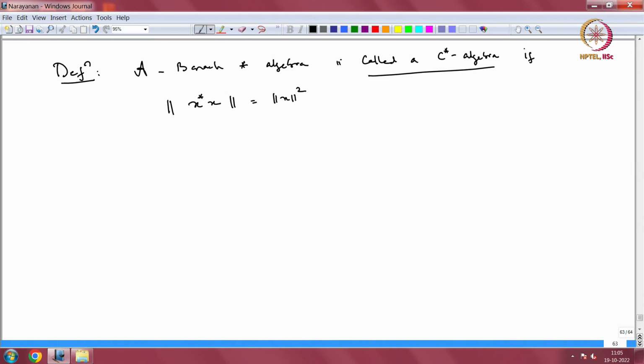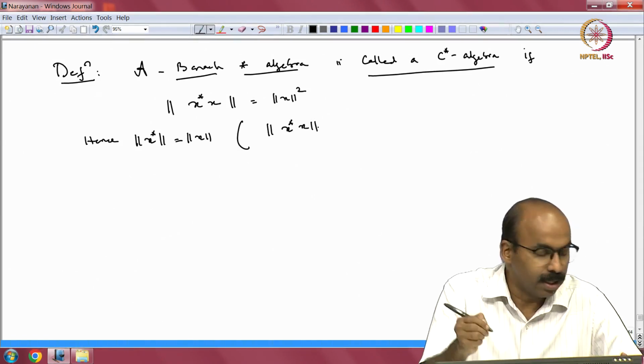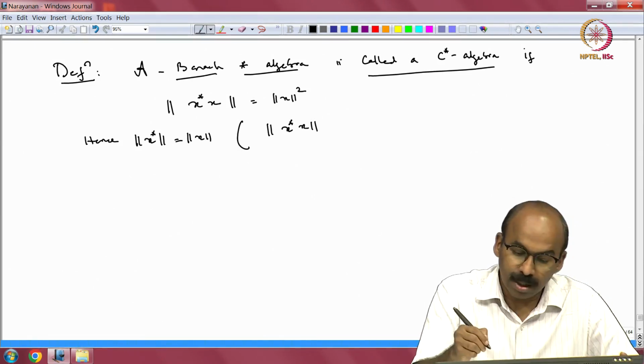So, it is already a Banach star algebra and you have this extra information on the norm, that norm of x star x equals norm x square, right. So, this immediately implies that the norm of x star will be equal to the norm of x. In a C star algebra this is going to happen. Why is that? Because you start with norm x star x, which is equal to norm x square.